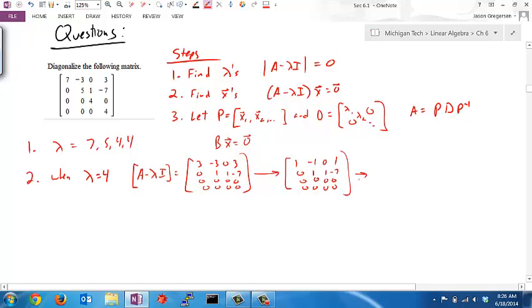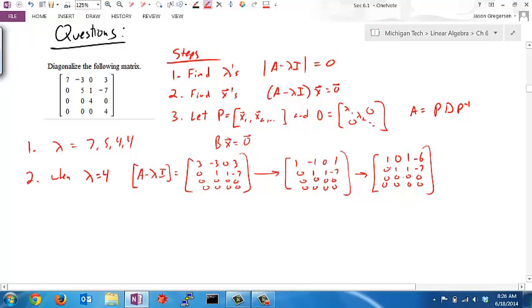Okay. Then I'm going to use this pivot position to eliminate the value above it. So I'm going to take row 1 and add row 2. And we'll get 1, 0, 1, and 1 plus -7 should be -6.